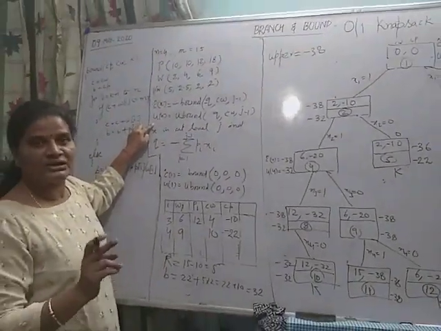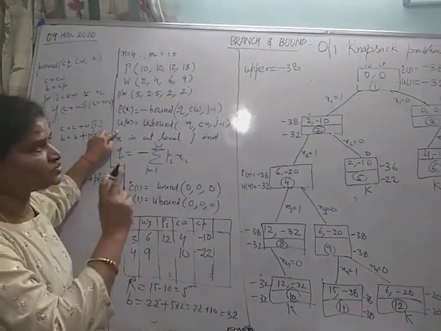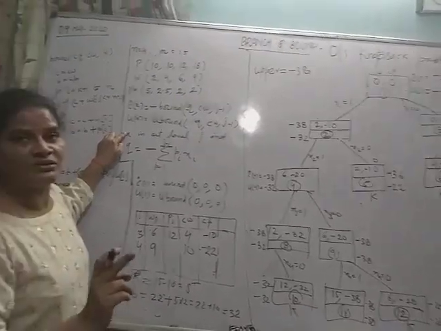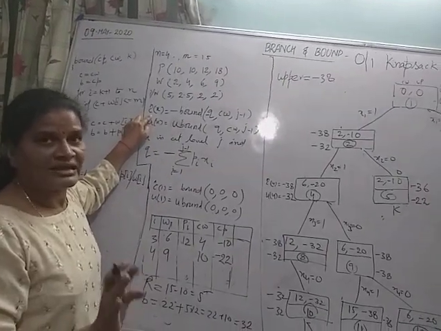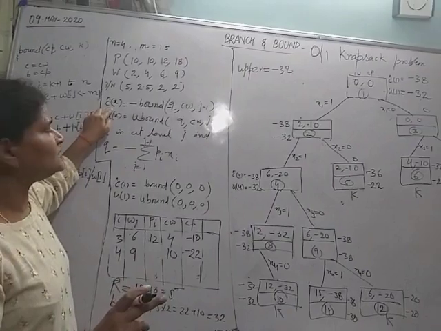When you are using the least cost search method to solve the 0-1 knapsack problem, then the next E node will be selected with the least lower bound. Here the selection rule for the next E node is the lower bound.